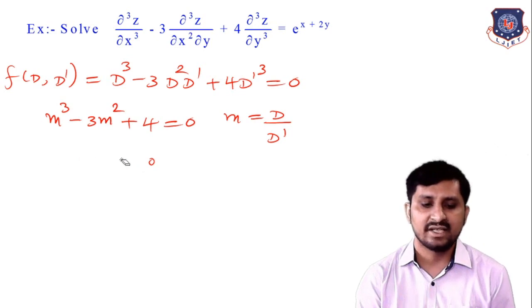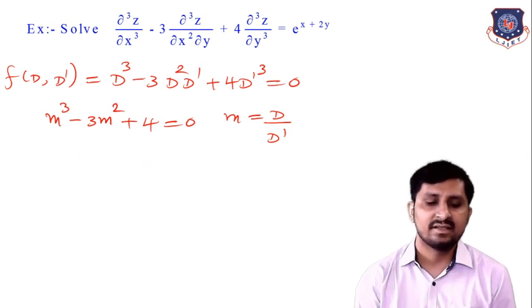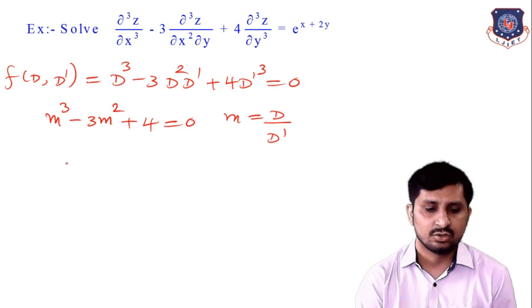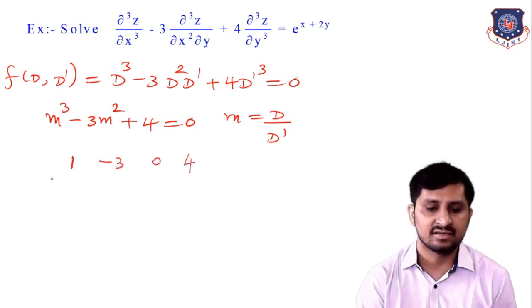Now using synthetic division you can easily solve this equation. First of all, the coefficient of m cube, that is 1. Then coefficient of m square, that is minus 3, coefficient of m, that is 0, and then the constant term, that is 4.